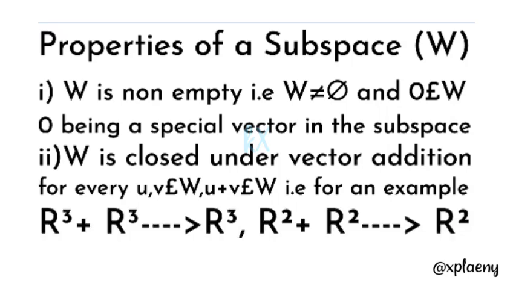The big W represents our subspace. An example is the three-dimensional Euclidean space R3, in such a way that when you add two vectors in three-dimensional Euclidean space, you give rise to a three-dimensional Euclidean space, and also for the two-dimensional Euclidean space, you give rise to a two-dimensional Euclidean space.